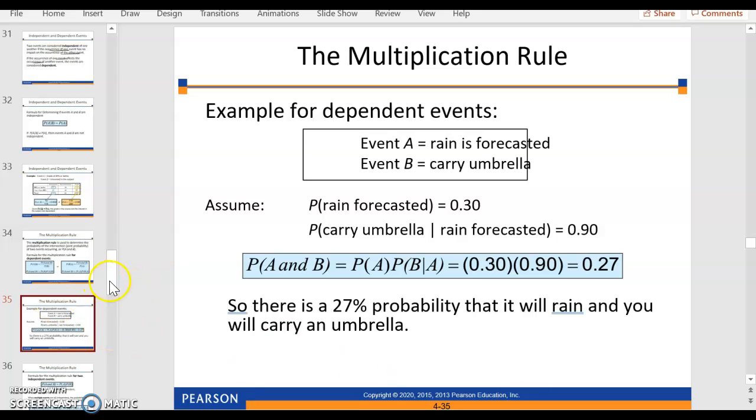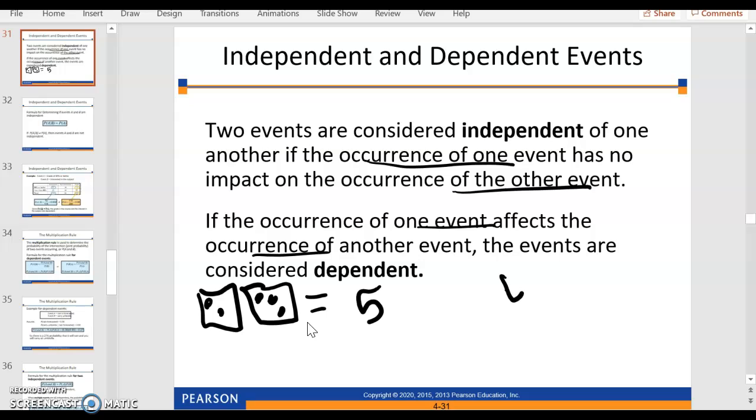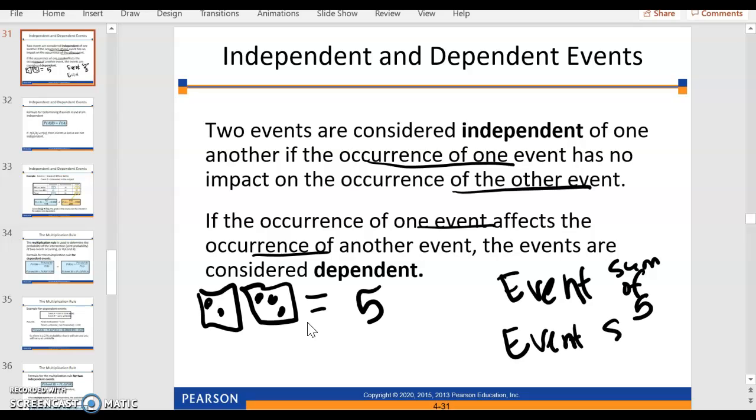So for our two events here, if you roll 2 dice and it lands on a 5, well, there were two events, a sum of 5 and a sum of 6.